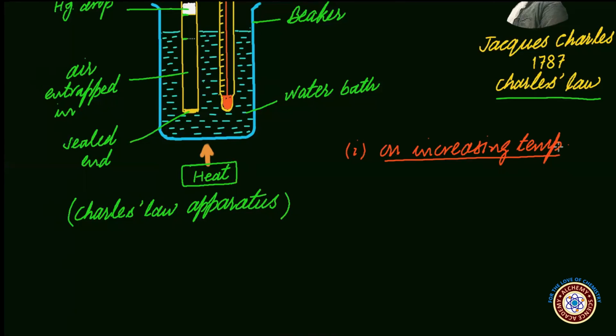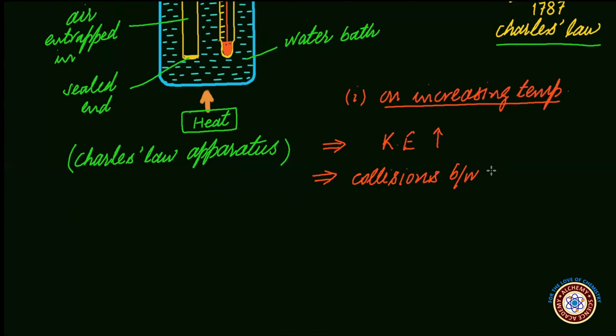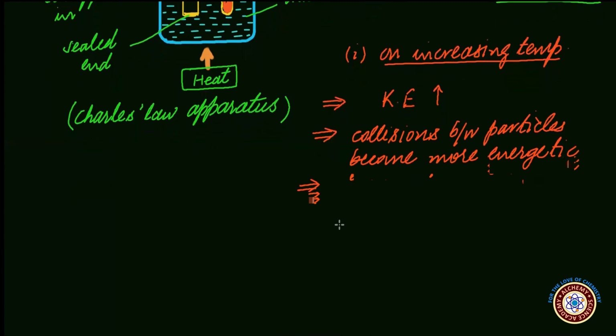On increasing temperature, the average kinetic energy of the gas molecules increases. Collisions between particles of gas become more energetic. As a result, collision frequency increases. Collision frequency is actually the number of collisions made among the gas molecules per unit volume of gas per unit time.